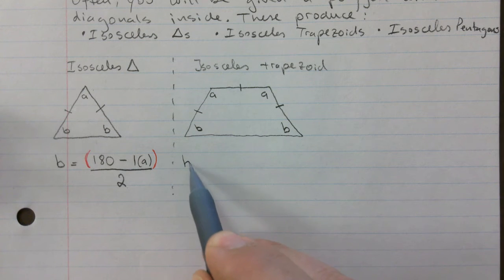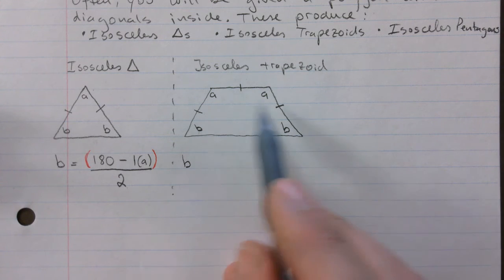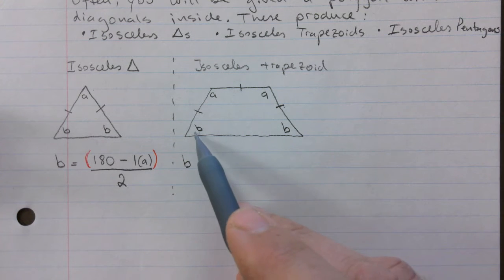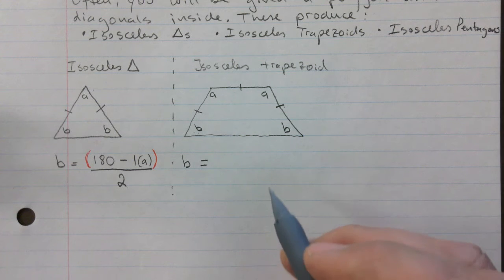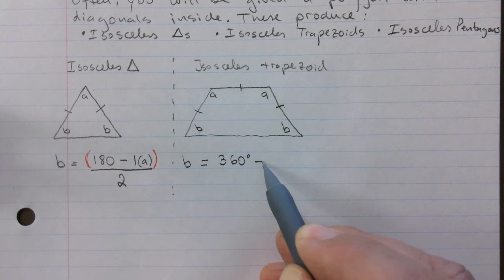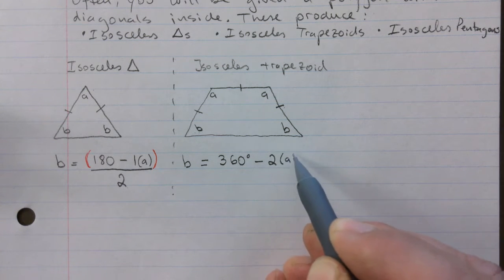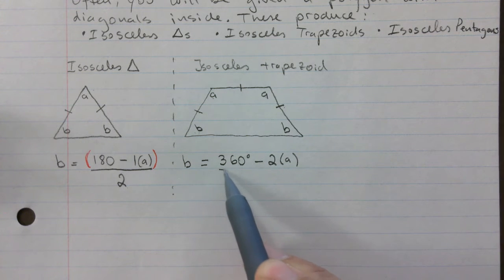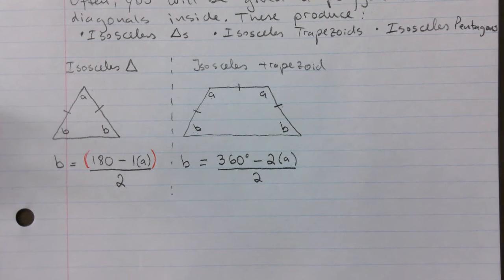To find angle B, these two will be the same because of the sides. What do all angles in a four-sided shape add up to? 360. So we take 360 and subtract not just 1 times A, but 2 times A, correct? There are 2 A's up here. And we divide that by 2 to find out what those are.